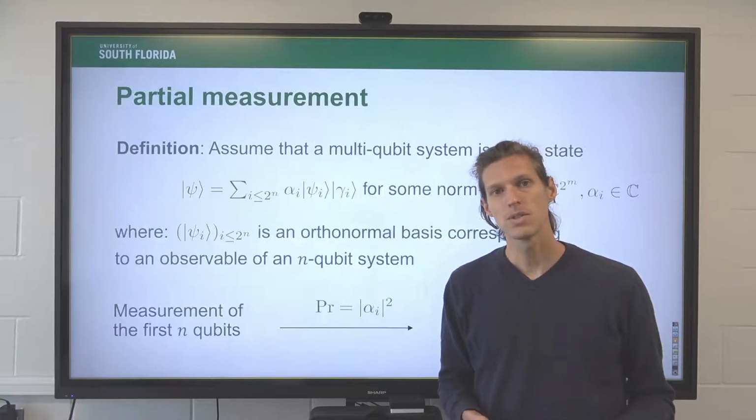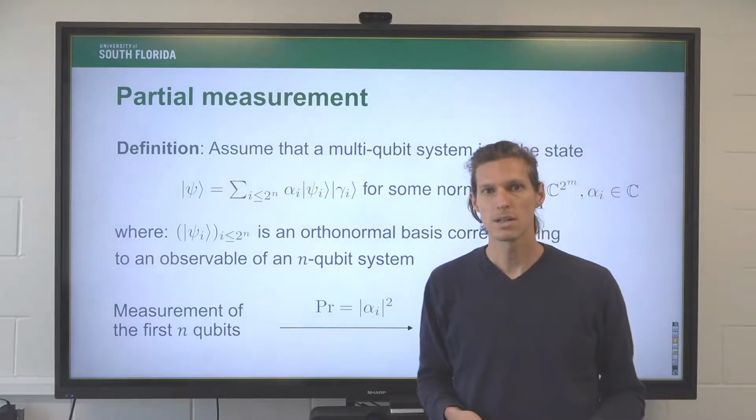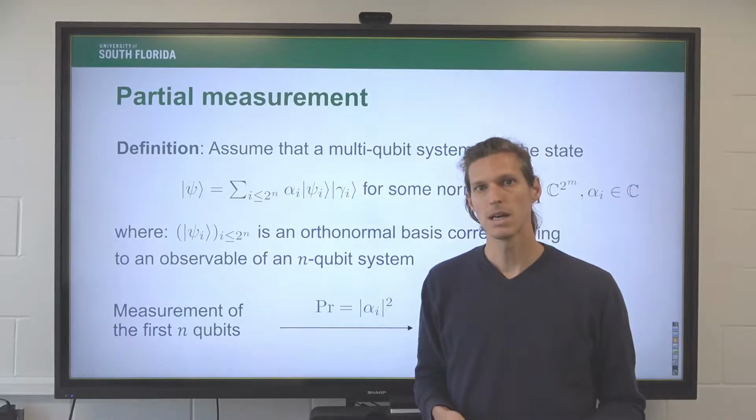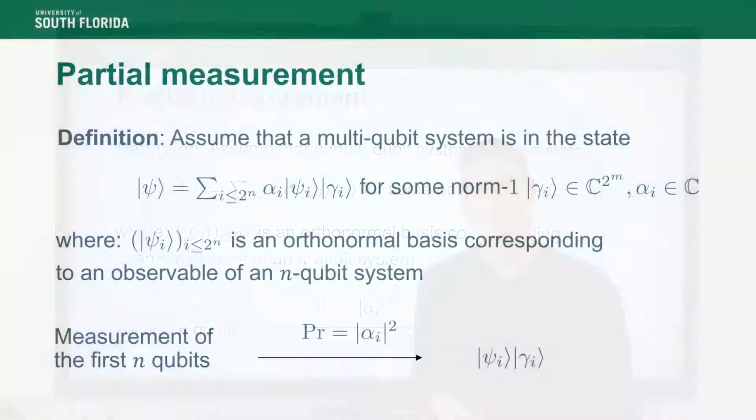So now we'll see what is the consequence of being entangled, okay? But first, we need to talk about measurements. We've seen what it means to measure in the canonical basis, or the standard basis, for a one-qubit state. Now, assume that you have a multi-qubit system, okay?